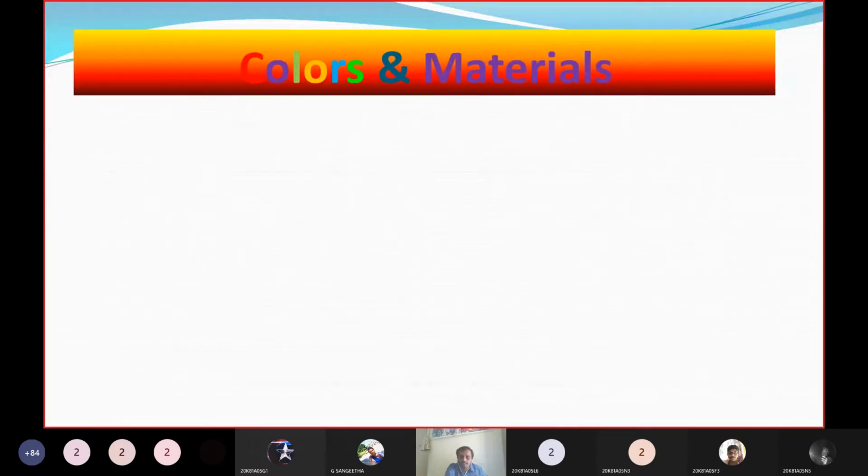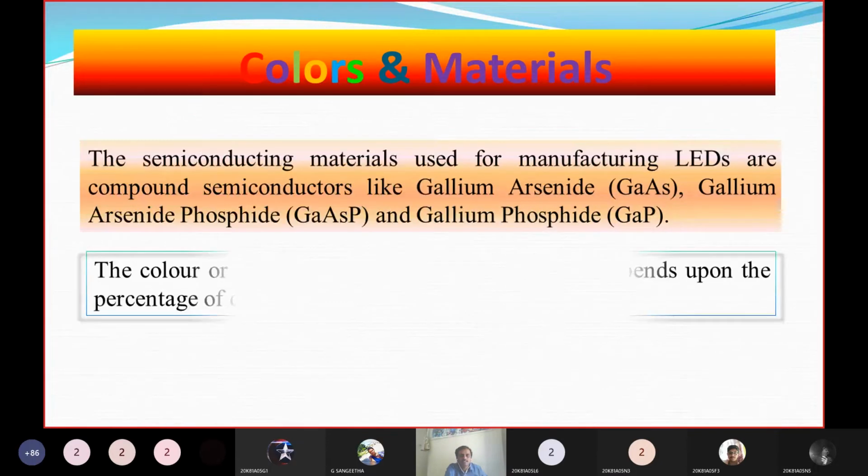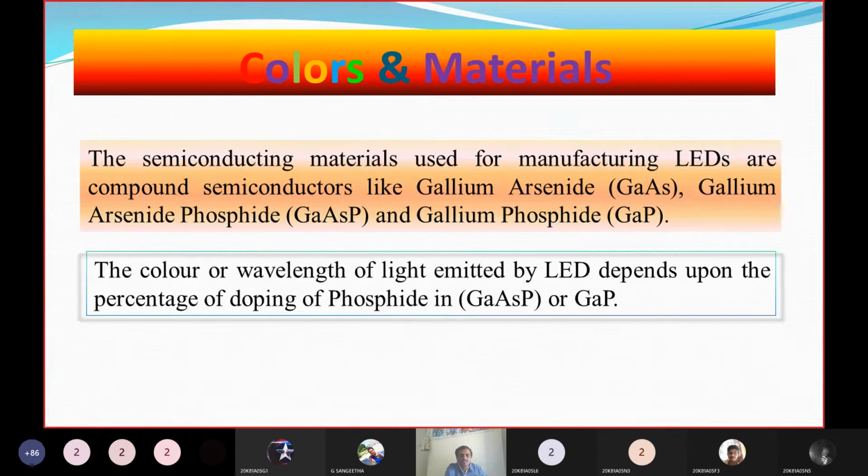Now, different colors will be emitted by LEDs. What is the reason for different colors? The semiconductor materials used for manufacturing LEDs are compound semiconductors. For preparing an LED, we use compound semiconducting materials, which means third group elements are combined with fifth group elements.